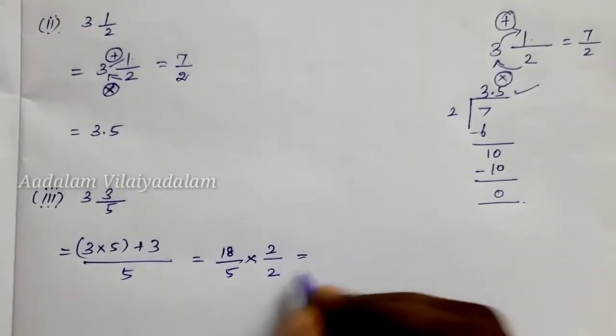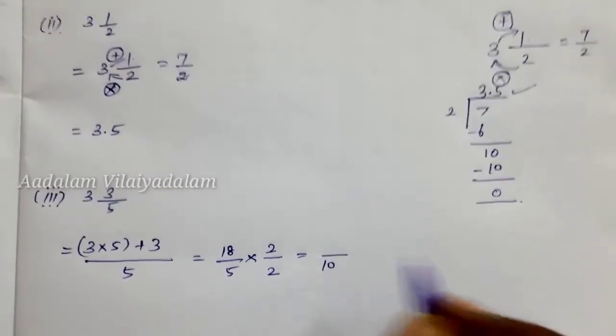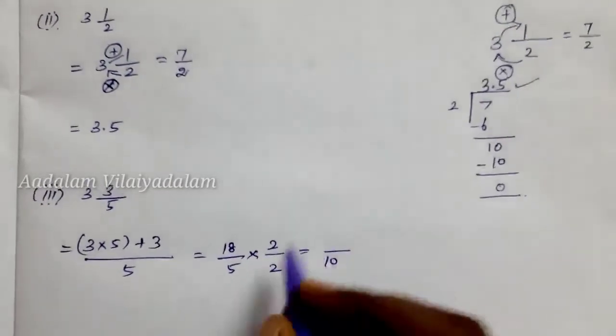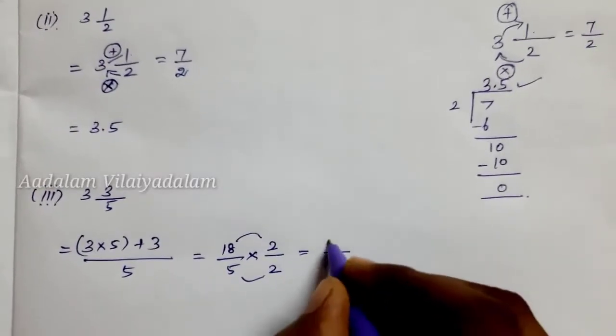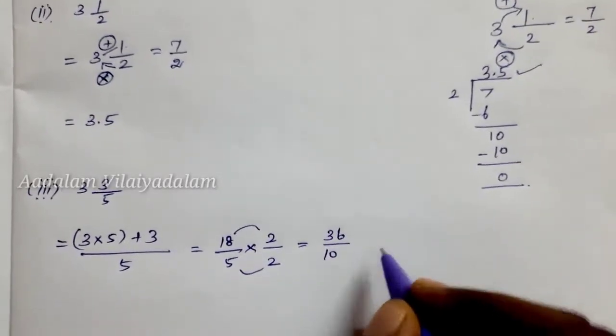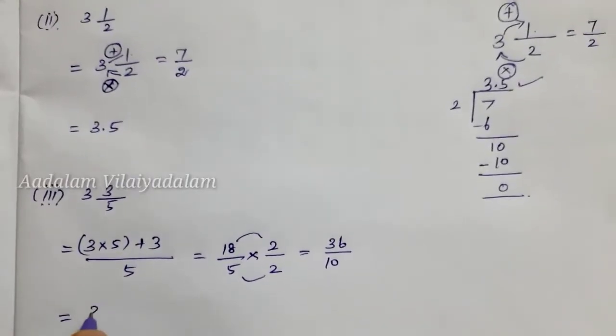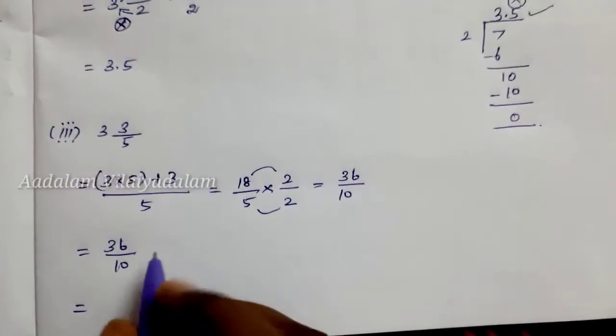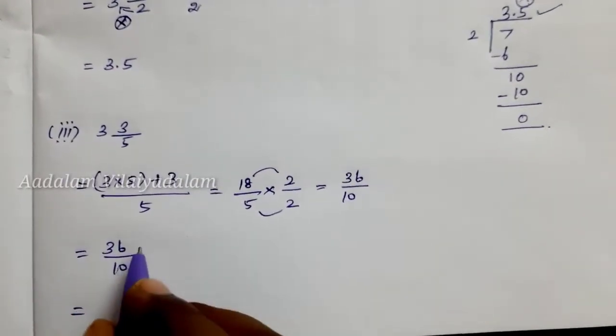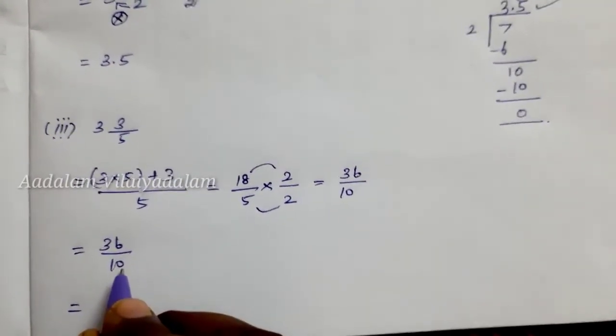So I get 5 2s are 10. Then multiplication of 18 into 2, I get 36. So now the fraction is 36 by 10. Now we can easily find the decimal number for this fraction because there is only one 0.